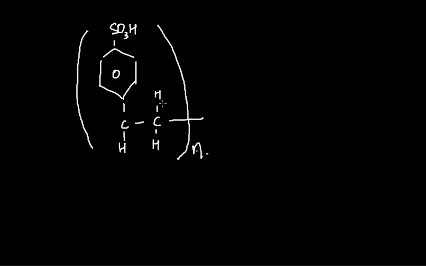Now a solution of lanthanide ions is run down this column of synthetic ion exchange resin. Along this column you pour your mixture of lanthanides which you want to separate.